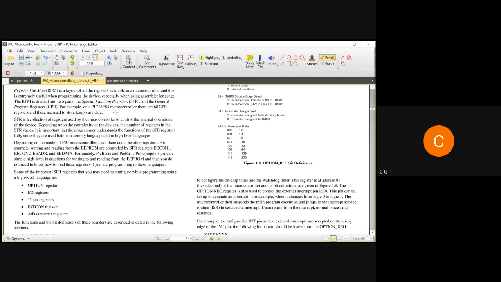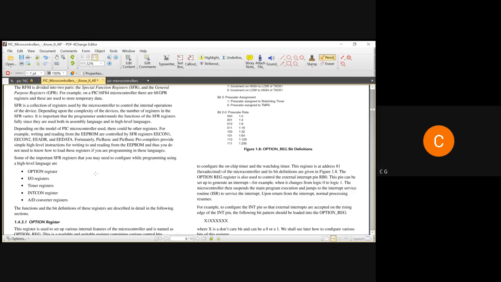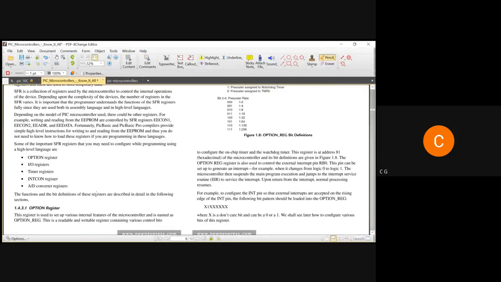Okay. So what you have in the special function registers: the option register, IO register, timer register, INTCON register, A to D converter register. So when we have this timer, option, IO and all these things, why we require registers can be a question. As I told you earlier, there is a control bus.